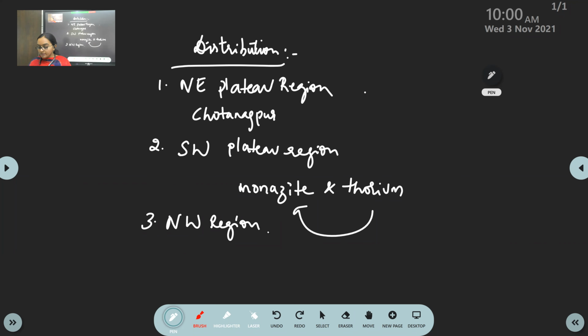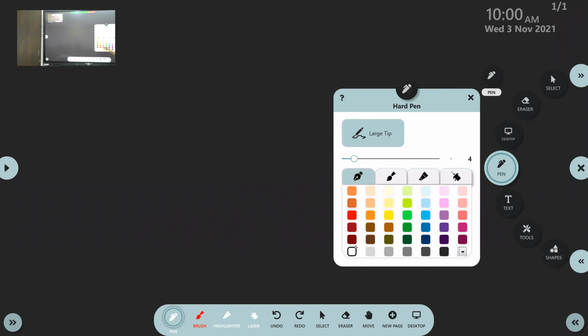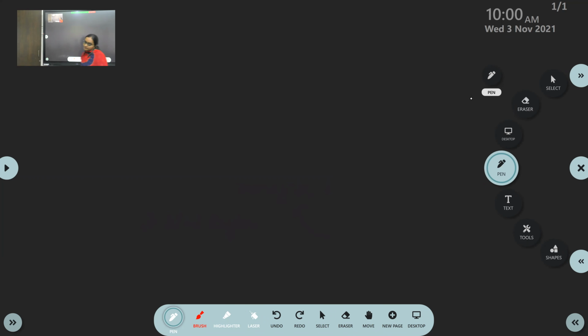Based on the amount of iron content, iron ore is classified into various types.